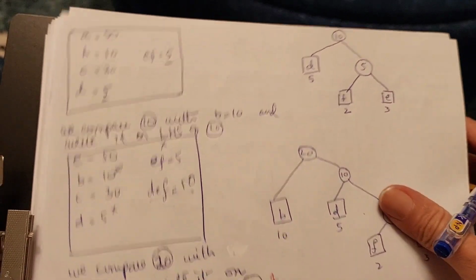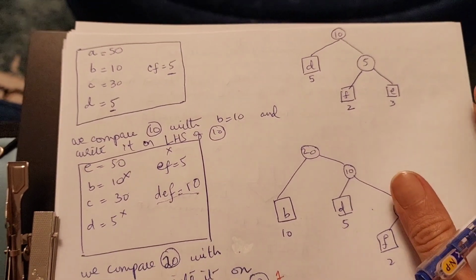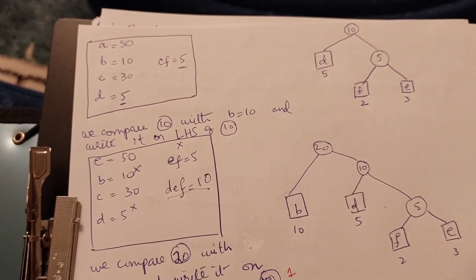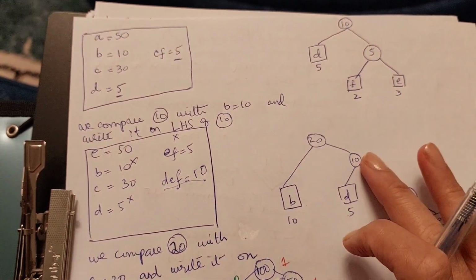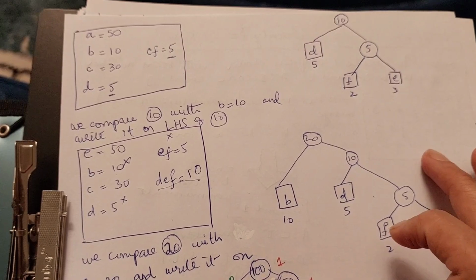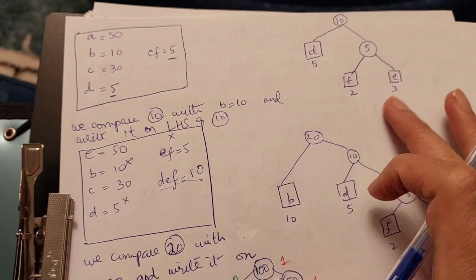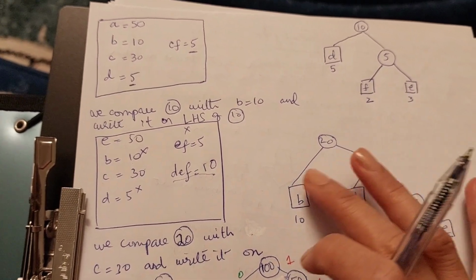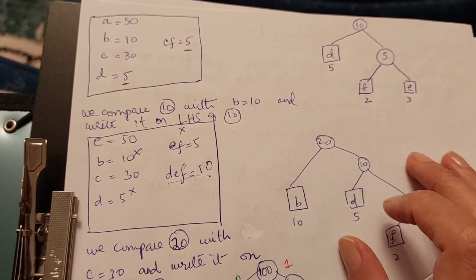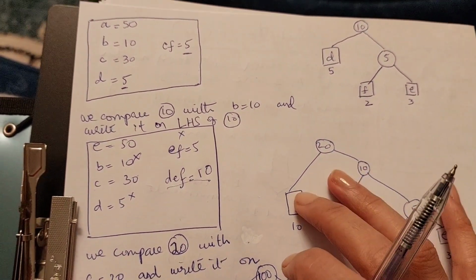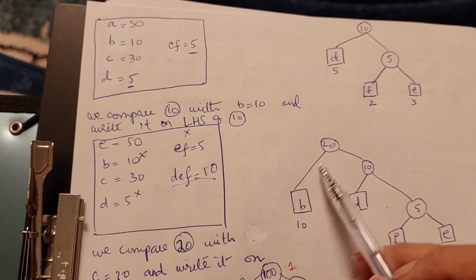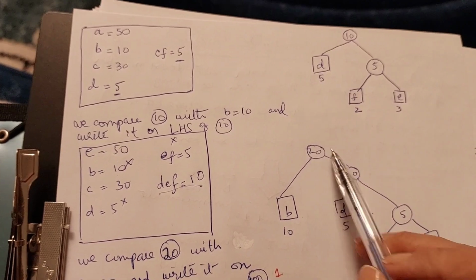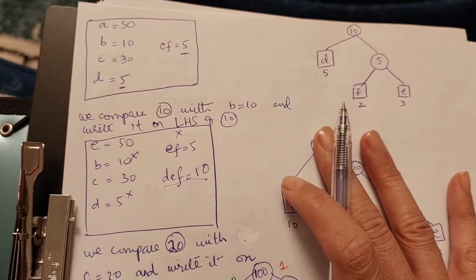It could have been 11, 12, or maybe even 9. In that case you would be placing B on this side of 10, and then joining it like here. But right now, since B is equal, I can place it on either side, that doesn't matter. The real thing that matters is that you join this B with this 10, and the sum of these two is equal to 20.